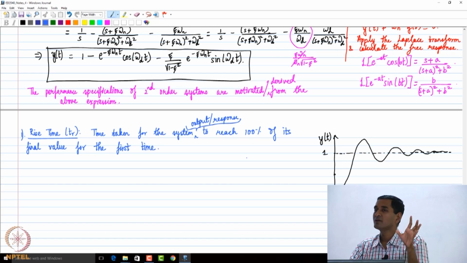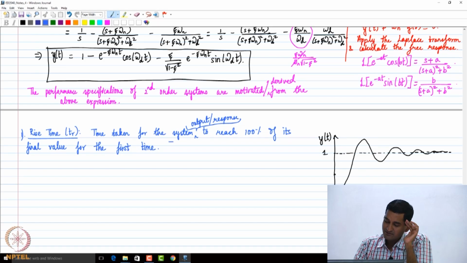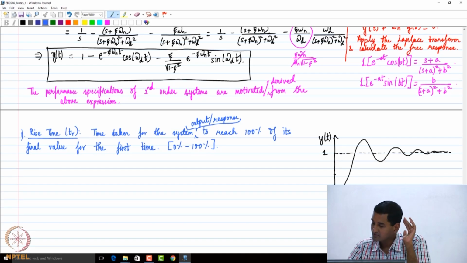People will say, what is the time taken for the output to become 90% of the final value? Some people will say 75%, some will say 10 to 90%, someone will say 10 to 75%. So there are various conventions. But as far as we are concerned, for underdamped second order systems, we are going to look at 0% to 100%.